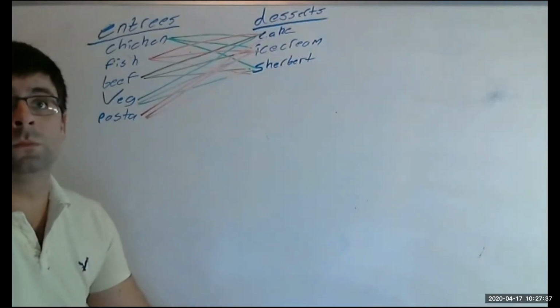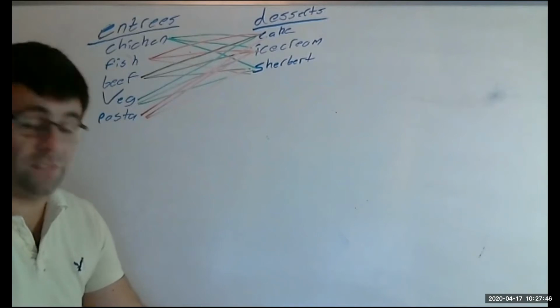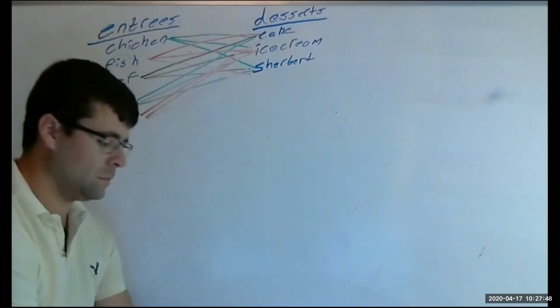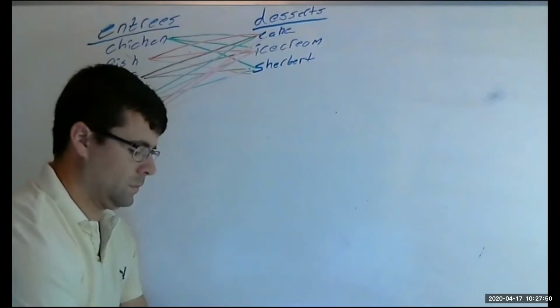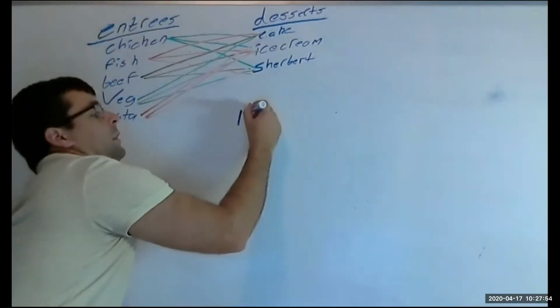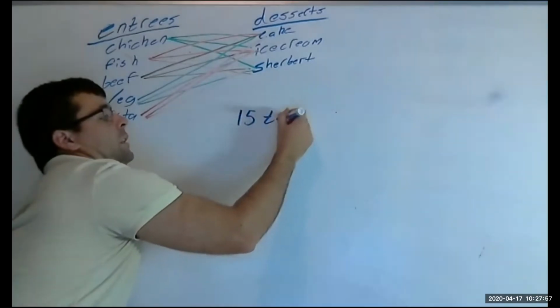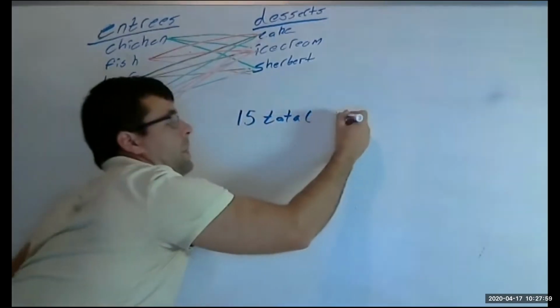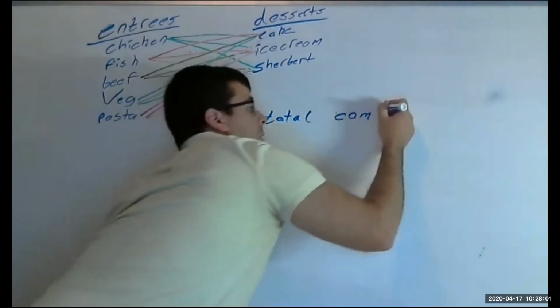So, how many combinations are there? Is it 15? Yeah. So we have 15 total combinations.